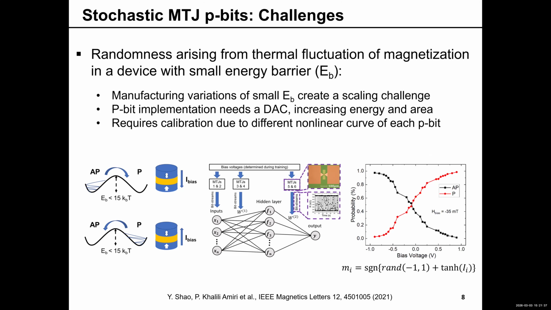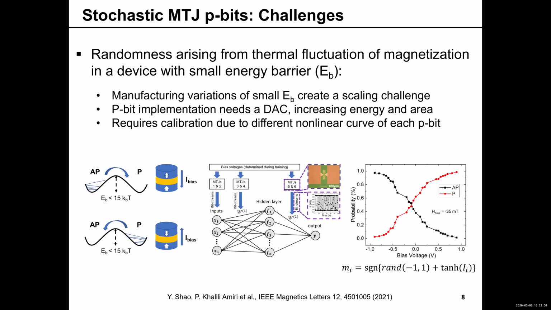So the first reason that this approach encounters a scaling challenge is the fact that if you rely on the presence of a very small energy barrier that needs to be fine-tuned, of course, this works well for one device, but you can imagine that in a real chip that is trying to solve large-scale problems, you may have millions of these magnetic tunnel junctions.